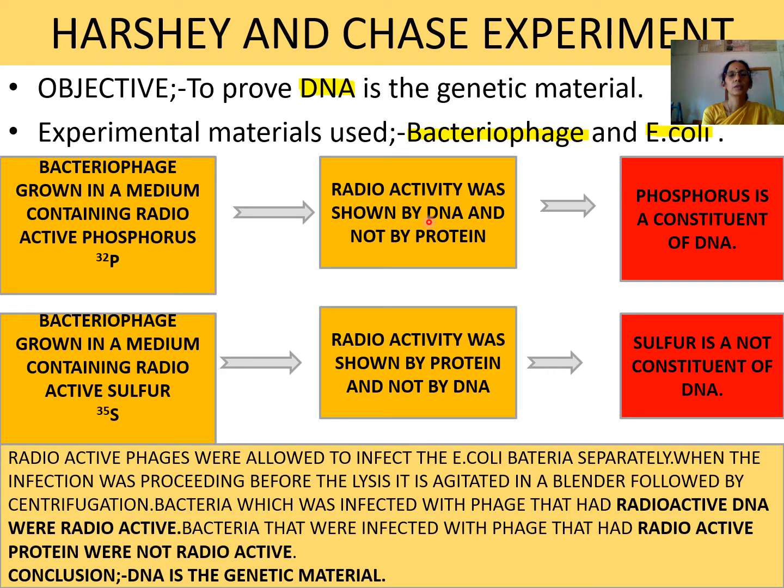Before going into the experiment, let us see the life cycle of a bacteriophage. Whenever the bacteriophage infects a bacterium, it leaves the protein coat outside the bacterial cell. Only DNA enters into the cell. It makes the genome of the bacteria synthesize the genetic material of phage particles.